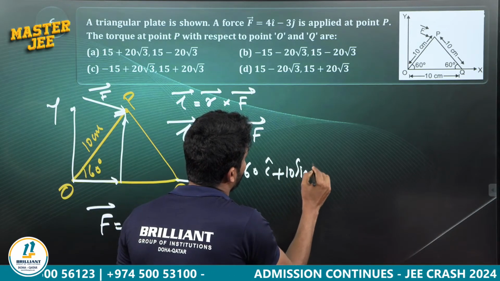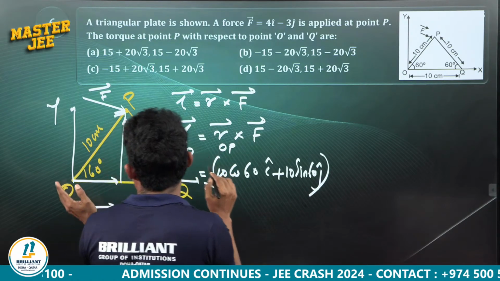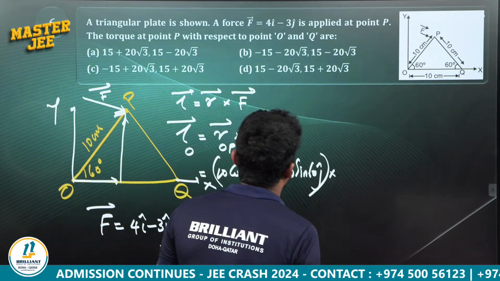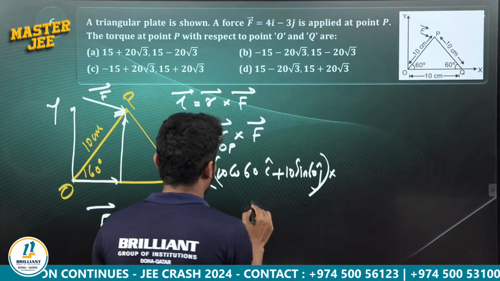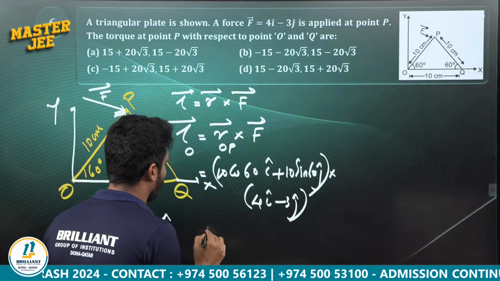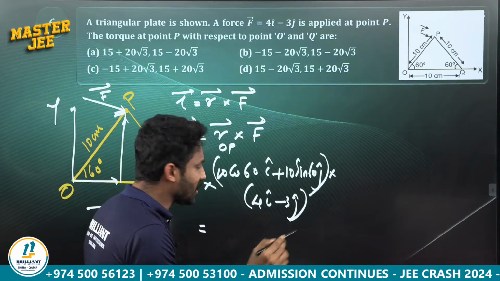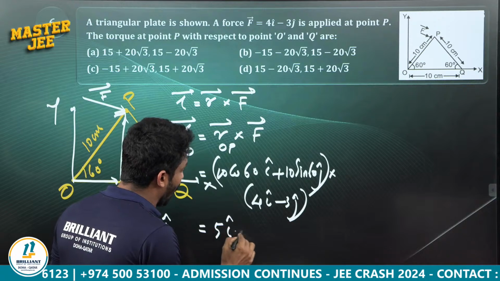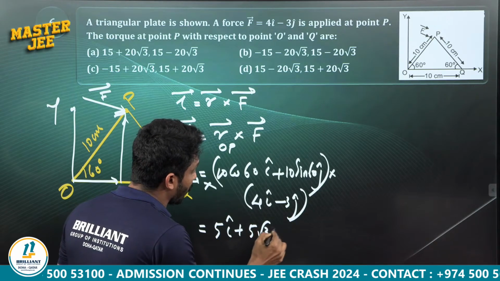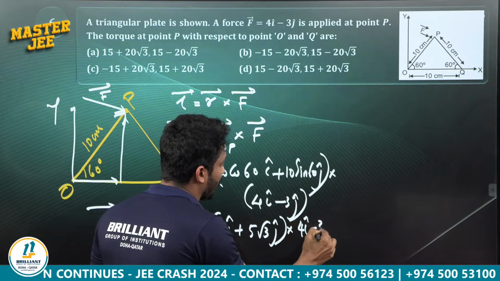This is the position vector from O to P, cross the force vector, which is 4i minus 3j. Okay. 10 cos 60 is 10 into 1 by 2, that is 5. So 5i cap plus 5 root 3 j cap, cross 4i cap minus 3j cap.